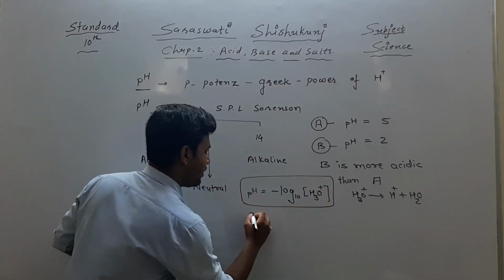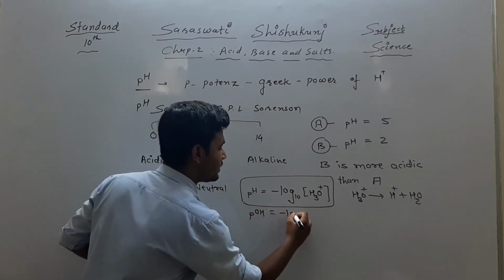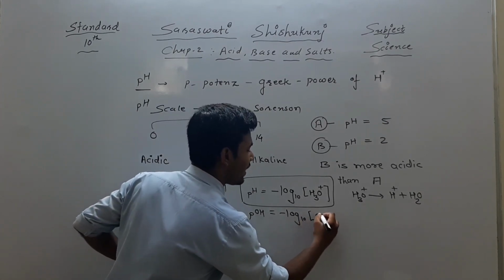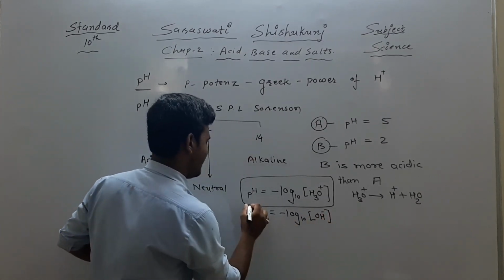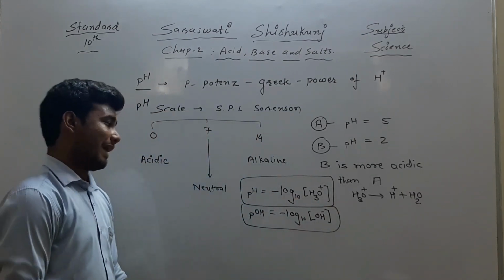In the same way we also have the power of OH, which is known as pOH, that is equal to the negative value of logarithm at base 10 of the concentration of OH minus. So this is also the formula of pOH.